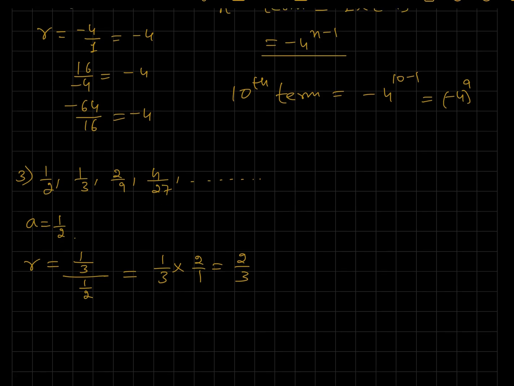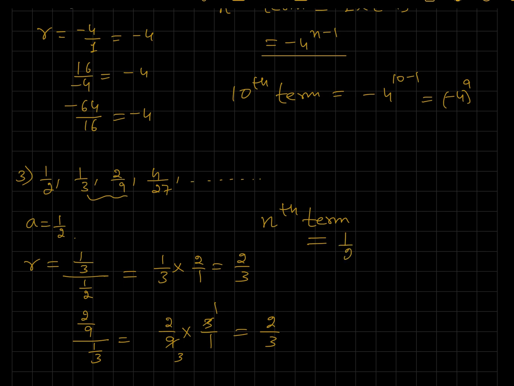We can check the second ratio also: 2 over 9 divided by 1 over 3 is 2 over 9 times 3 over 1, and simplifying the 3s, it is 2 over 3. So the constant ratio is 2 over 3. Our nth term for this sequence would be a times r, that is 1 over 2 times 2 by 3 raised to n minus 1.